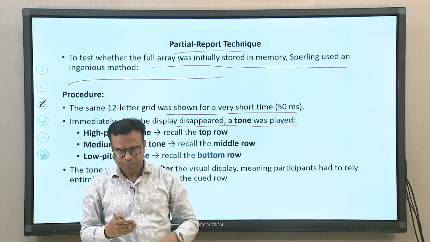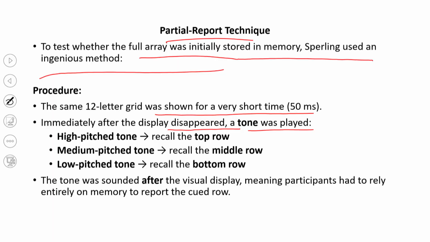There were 3 rows. If a high pitched tone sounded, they should recall only the top row. If a medium pitched tone sounded, they should only report the middle row. If a low pitched sound was produced, they should only report the bottom row.